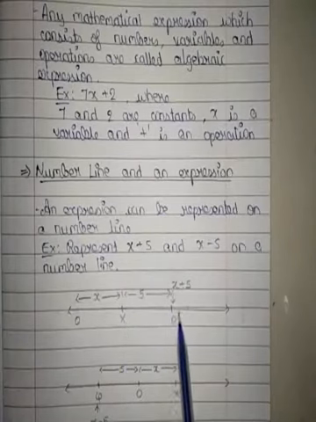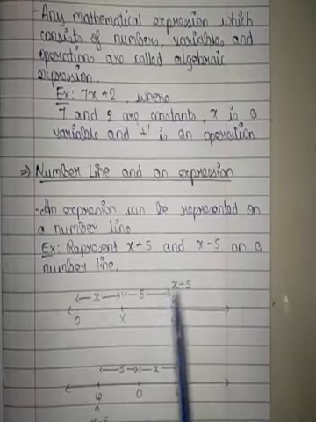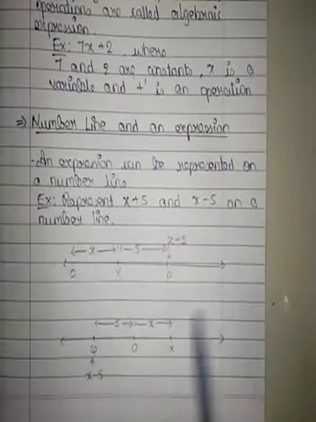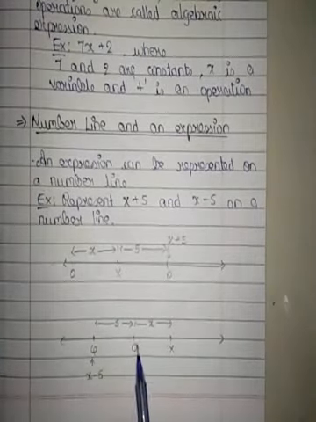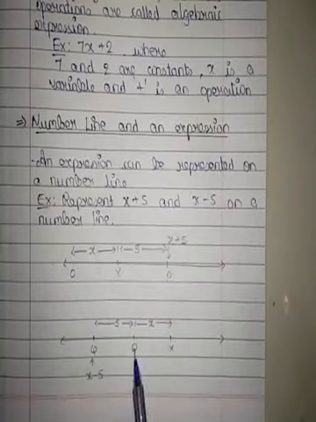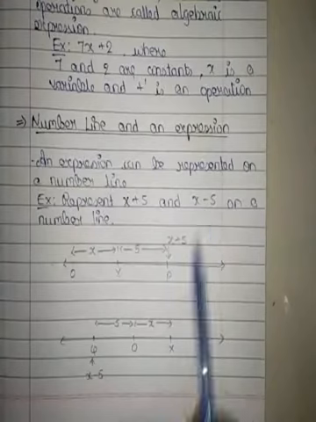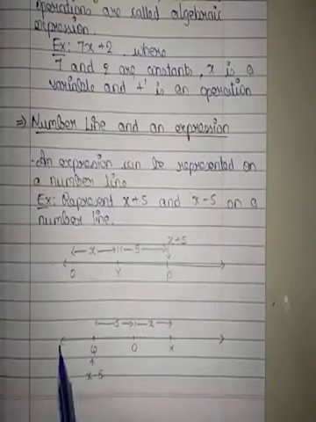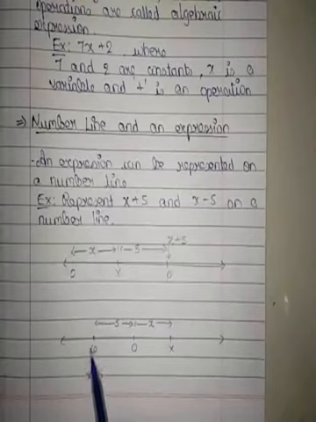So here point P will be x plus 5. Similarly for x minus 5, the point will be here, from x towards O. Here it is the x value. We want to go to x minus 5, so we will go to the left hand side. So here Q will be x minus 5.